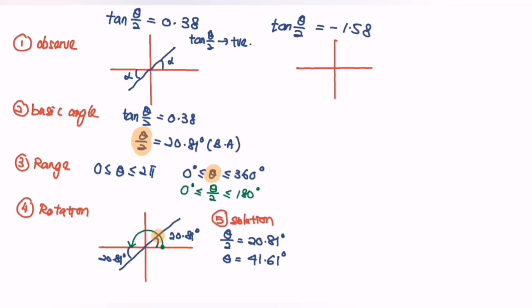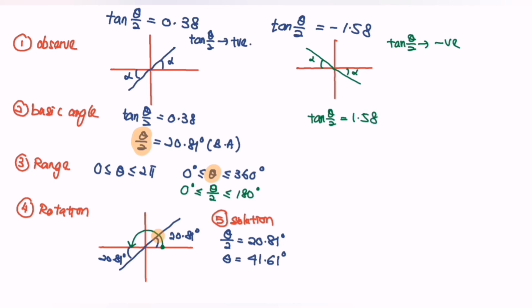So here we have tangent theta over 2 negative. So we will have first quadrant and the fourth quadrant as a basic angle. Next, we have to determine the basic angle. Okay, do remember to ignore the sign for negative. So we have tangent theta over 2 is equals to 1.58.